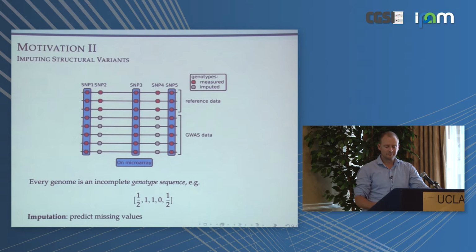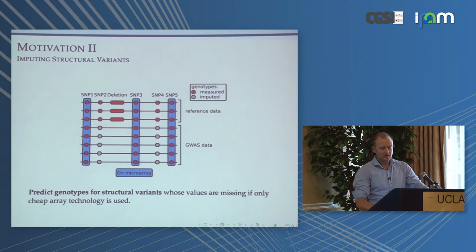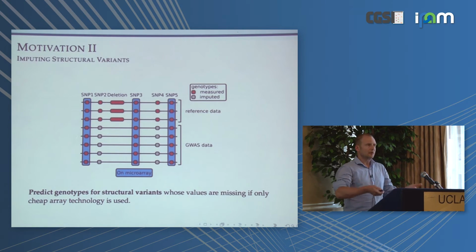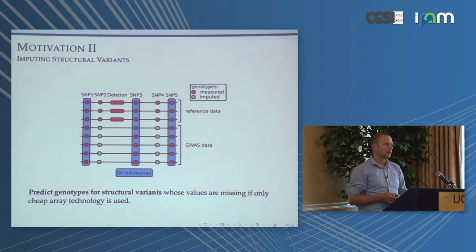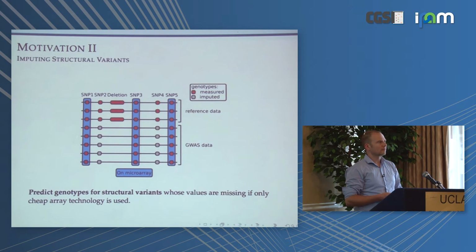And the novelty here is that we got the structural variants integrated into the reference panel, and we do the same thing, we impute them. We now have this reference panel for the Genome of the Netherlands.